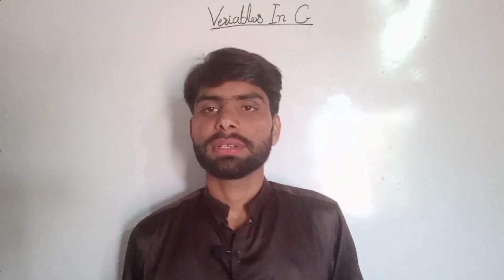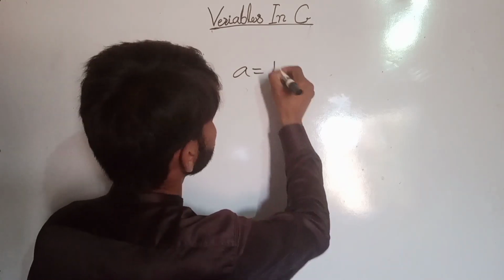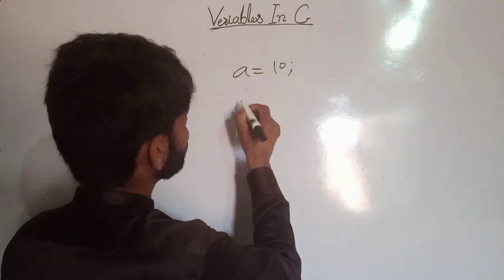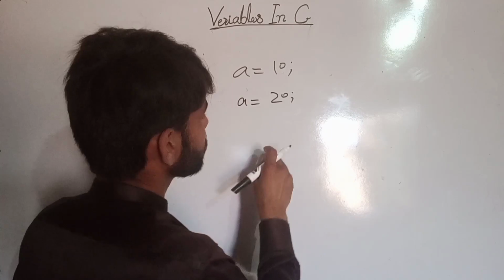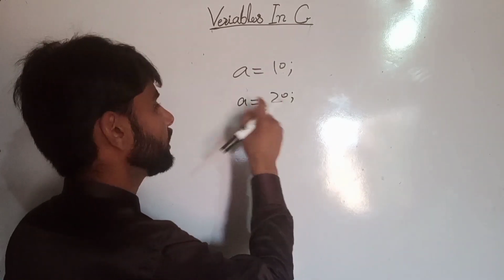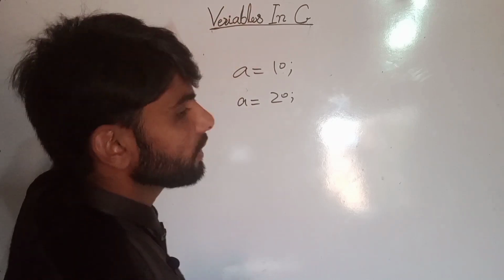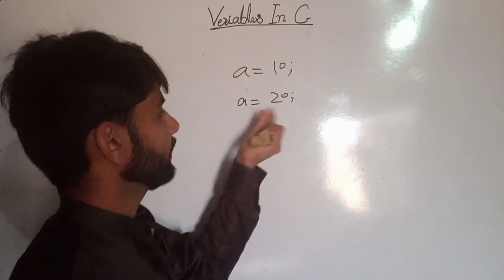The next thing is why we use variables. Because we can change the value at every step. For example, I give the variable the value 10, so this variable holds the value 10. In the next step we can change it to 20. So the value 20 is assigned to this variable, the old value is removed from the memory, and 20 is stored in the variable a.